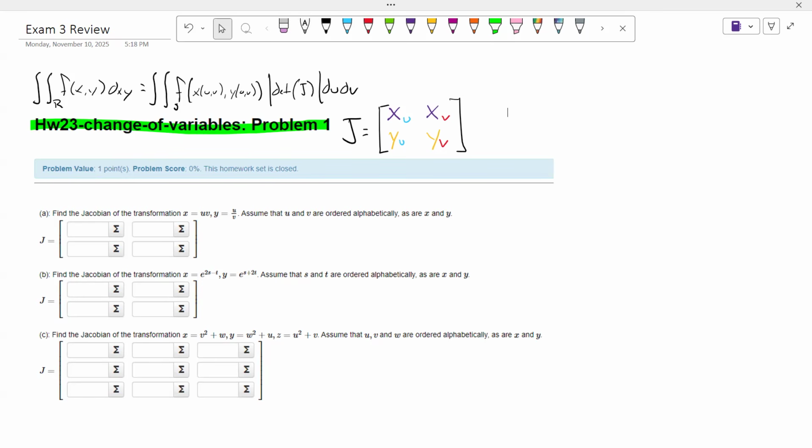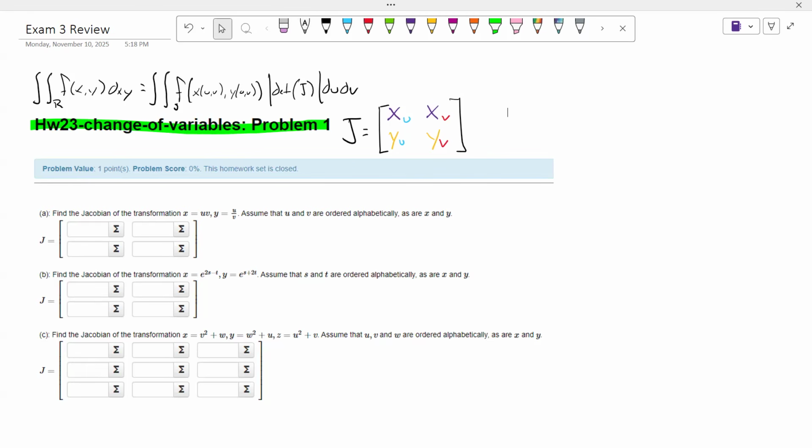The Jacobian is also responsible for the rho squared sine phi that we need in every triple integral we do in spherical coordinates, that extra bit that we multiply in order to scale our region to match the integral that we want to do. So again, we're focusing pretty much exclusively on the Jacobian matrix itself, and significantly less on the transformation of spaces and finding new equations and all that kind of stuff.